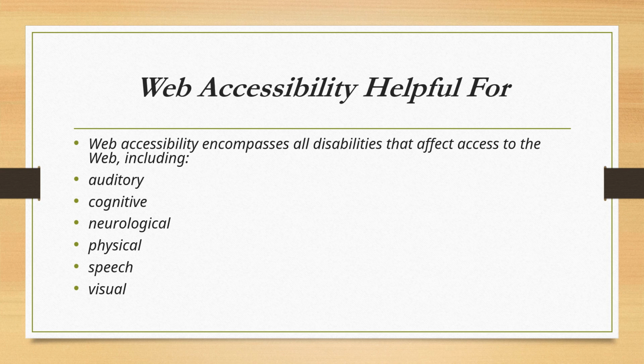Screen readers are used by people who have vision issues, or they use assistive technologies to understand what has been written on the web page when navigating. So these are the disabled people who can use these accessibility features to a maximum extent.